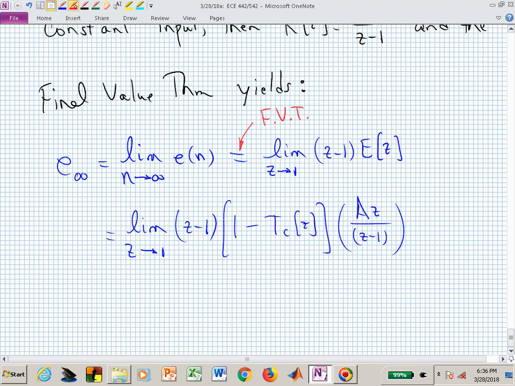And before we make z go to 1, let's cancel the z minus 1 factors so that we don't have 0 over 0. Let's now cancel those.